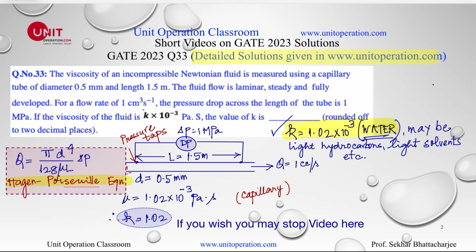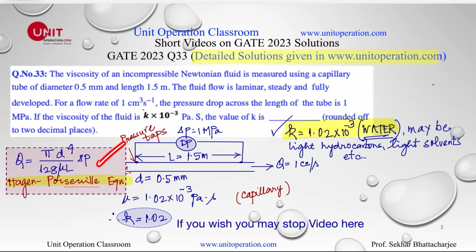And this is a capillary. Normally, if that's a capillary, we can assume laminar flow, since the diameter is very small. This is a very easy problem, and the main thing is that you have to recognize that we have to use this equation.